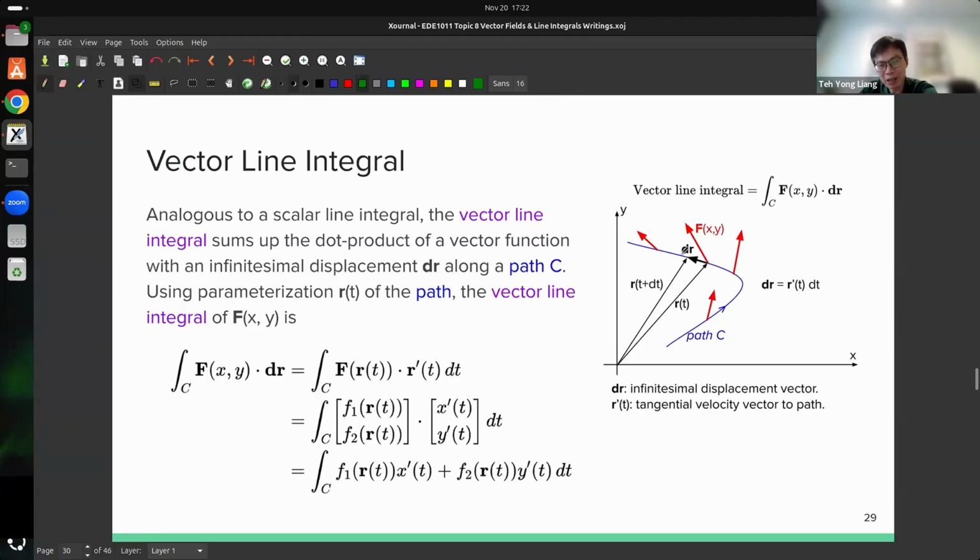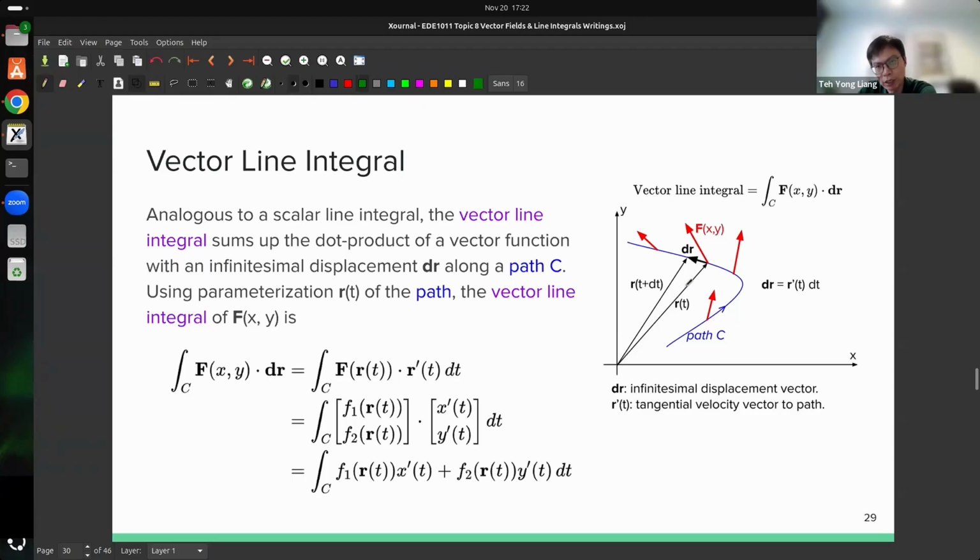Now, this dr is an infinitesimally small displacement, a very small displacement. By now you should know, every time you see d, that means infinitesimally small, not zero, but approaching zero. So what is this dr? If you have parameterized your curve or path C using r of t, a vector function, let's say you are moving from this point in this direction to the final point here.